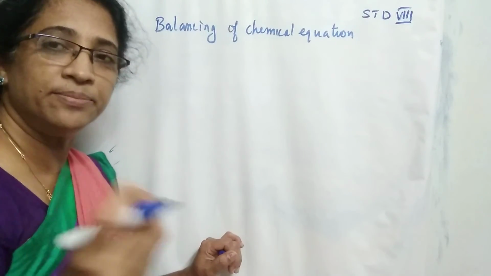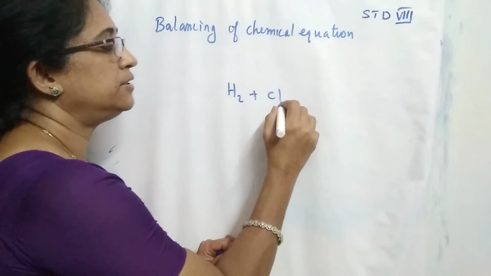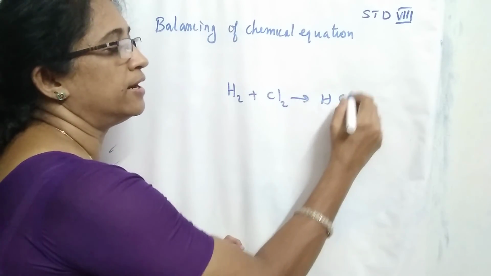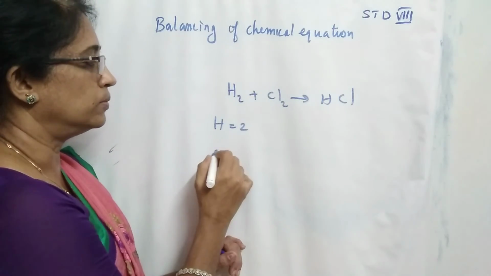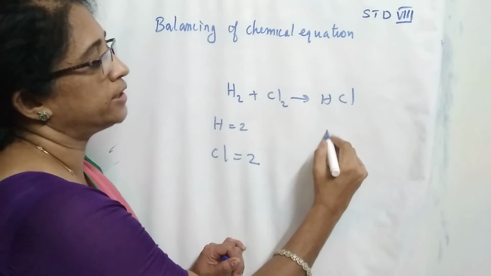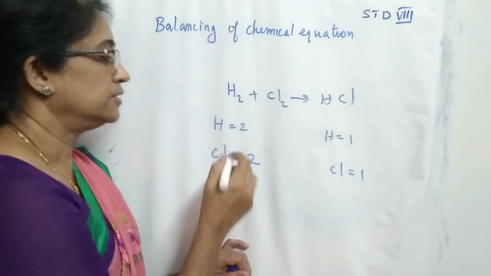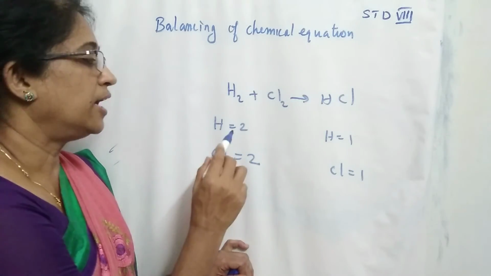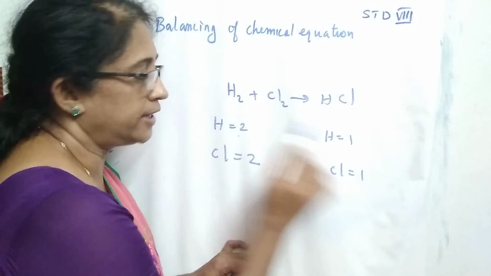Next is a very simple equation. H2 plus Cl2 gives HCl. How many atoms of hydrogen on the reactant side? 2. On the reactant side, chlorine is equal to 2. On the product side, hydrogen equal to 1, chlorine equal to 1. Then balance the equation: hydrogen 2 on the left side but only hydrogen 1 on the right side.